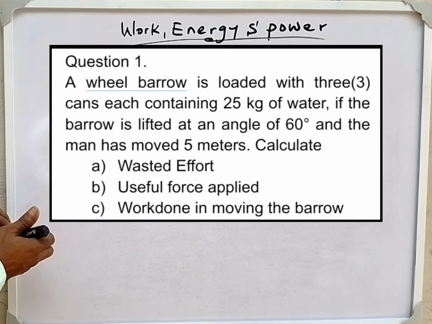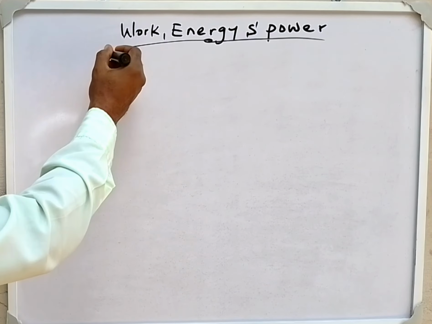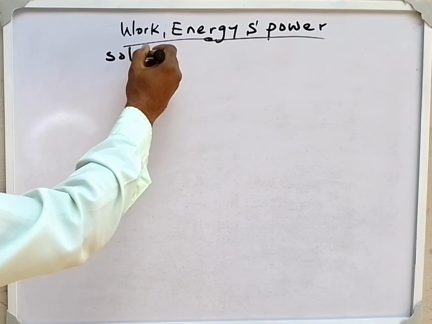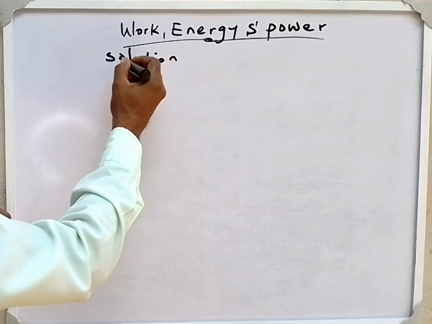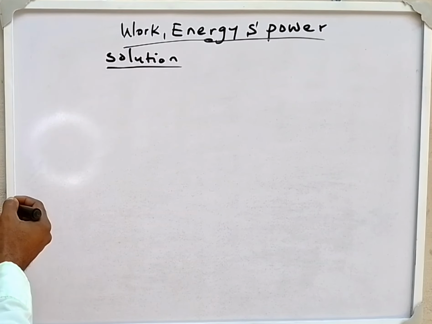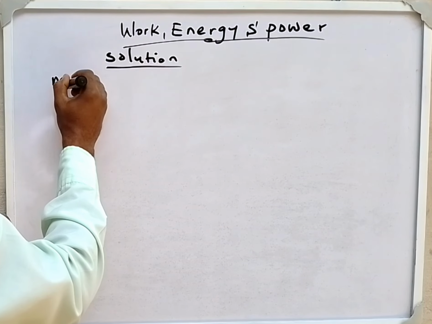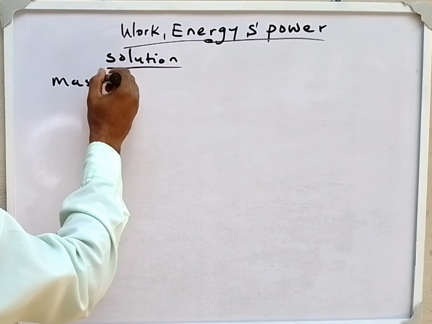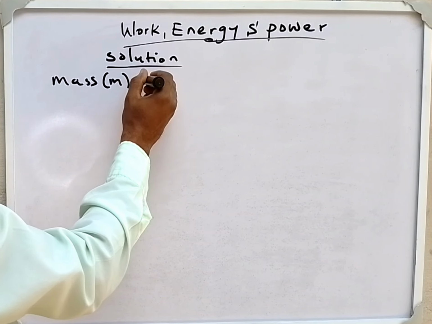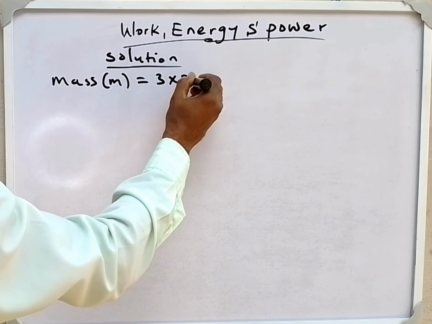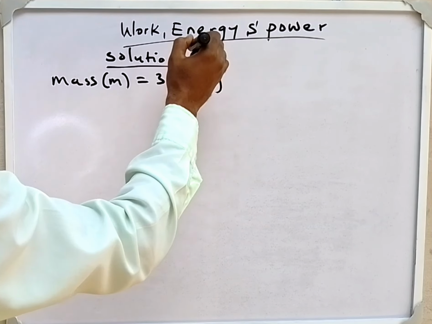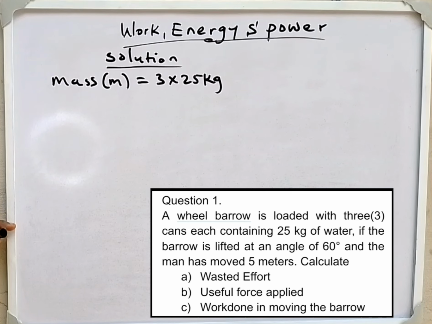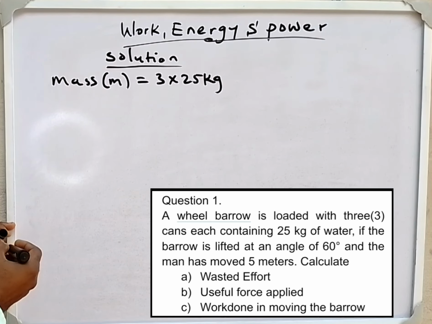For us to answer the question, we'll start by writing out the parameters that are given. We are given that the mass of the 3 cans, M, is 3 times 25, because each can contains 25 kilograms of water.